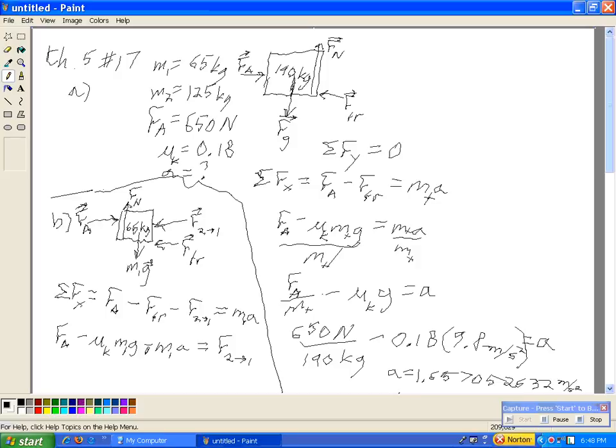Once again, to save time, I'm not going to actually write out all the numbers. But you see that we have each one. This is 0.18, this is 65, this is 9.8 meters per second squared, 65 kilograms, 1.65705, etc. meters per second squared. Okay, and that will give us this result.